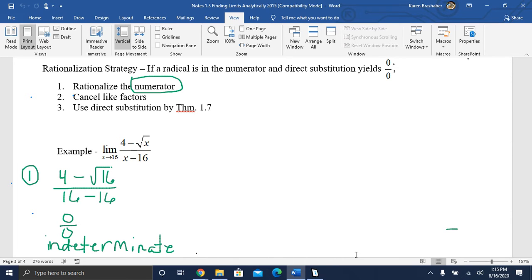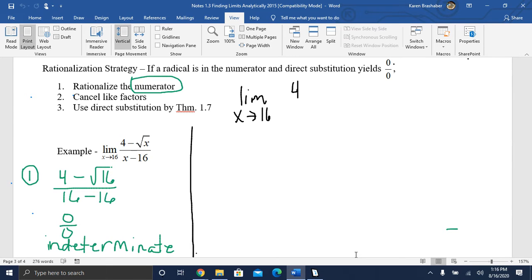This something else in this example, because we have radicals, is going to be the rationalization strategy. We're going to rationalize the numerator. Now we go back to our original problem. We're going to do the limit as x approaches 16.